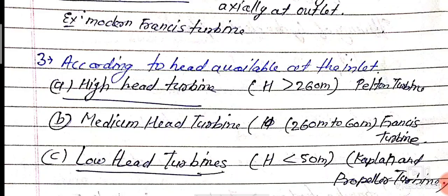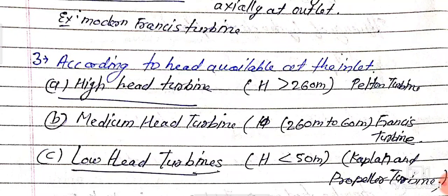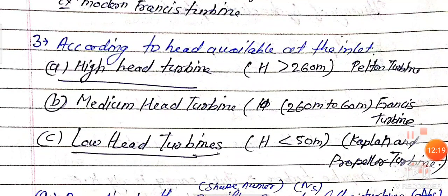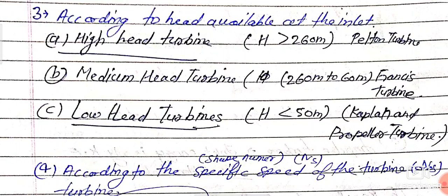Now, a third classification is according to the head available at the inlet. According to the head available at the inlet, the turbine can be classified into three categories: high head turbine, medium head turbine, and low head turbine.